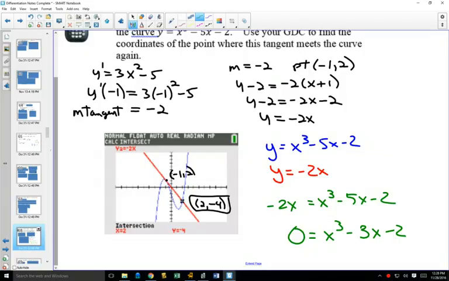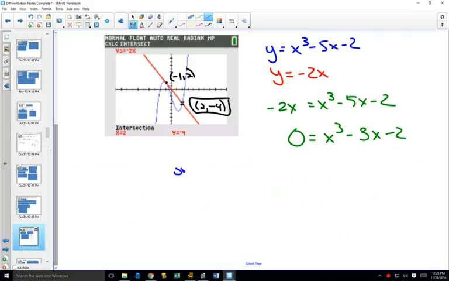But I'll tell you that from this equation, since you already know that it goes through the point (-1, 2), you already know that one solution is x = -1, which means that x + 1 is a factor.